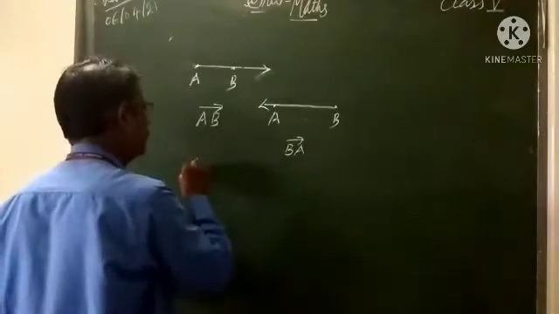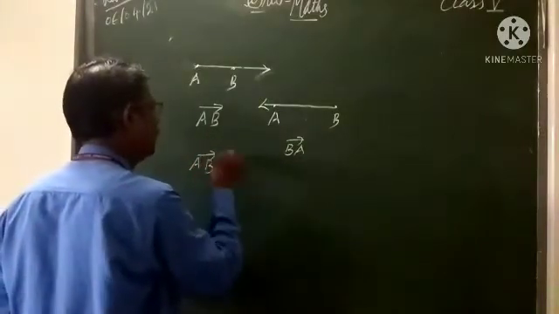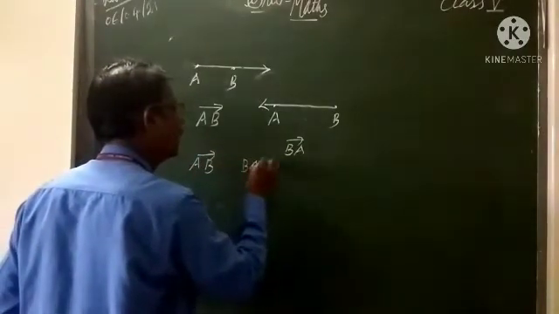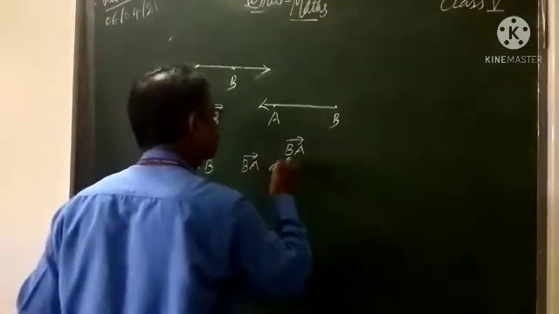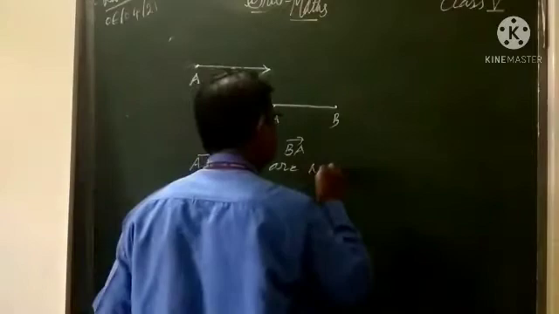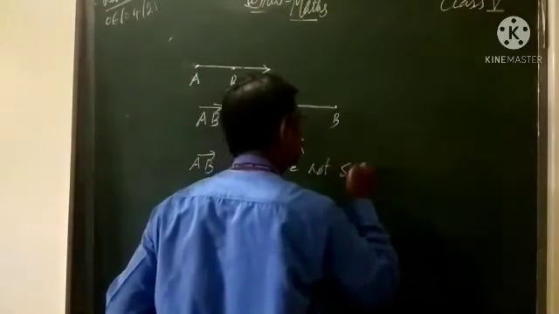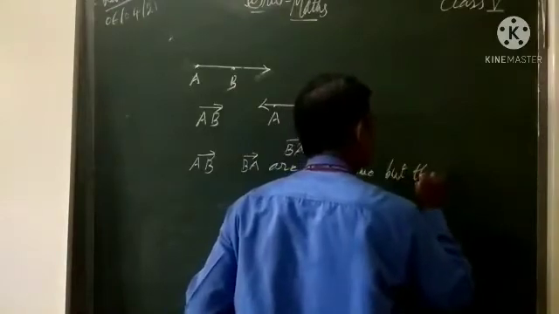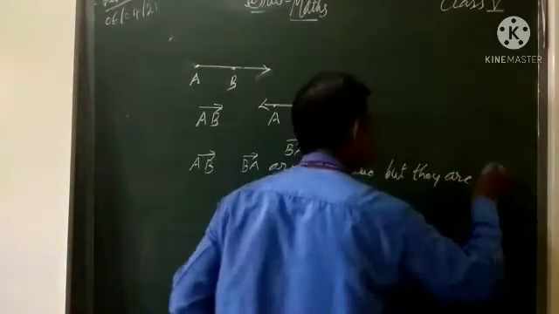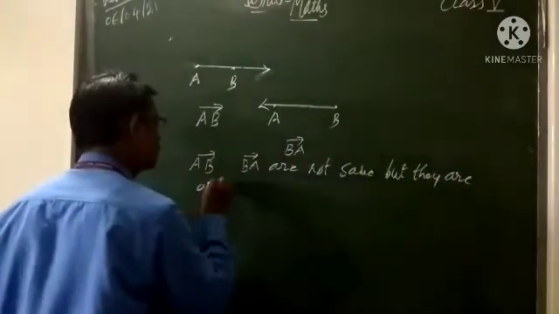Ray AB and ray BA are not the same, but they are opposite rays.